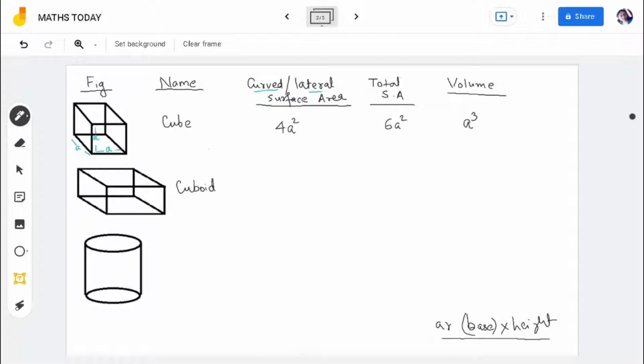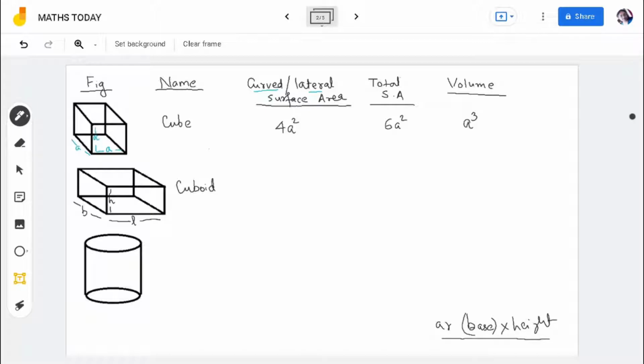So if I am taking, let this be L, the length, this could be breadth, and this is the height. You can monitor how many lengths are there in this total figure. This is the length, this is the length, this is the length, and this is the length.